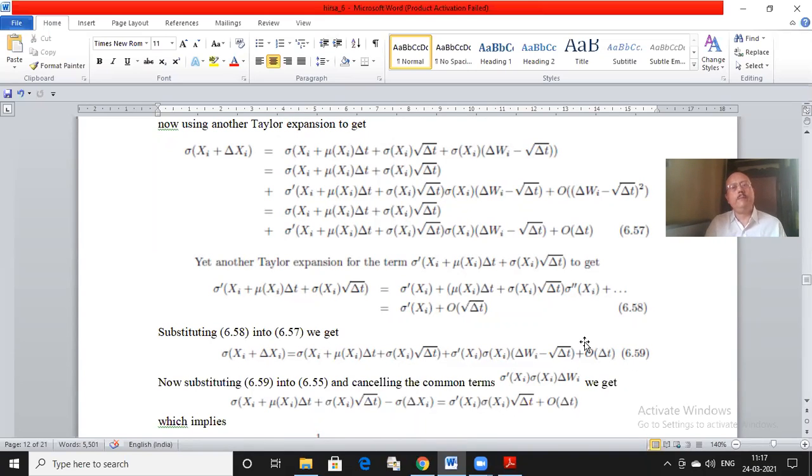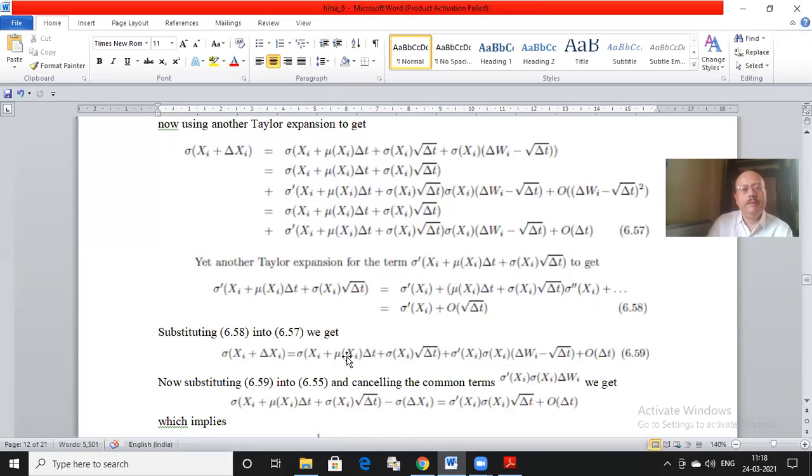And this will totally become order of delta t because I have another root delta t outside. I had one root delta t here inside, times another root delta t. So finally it will be order of delta t. So sigma xi plus delta xi can be written as a sigma plus a sigma prime sigma term as in 6.59.